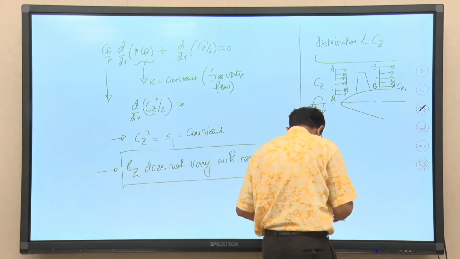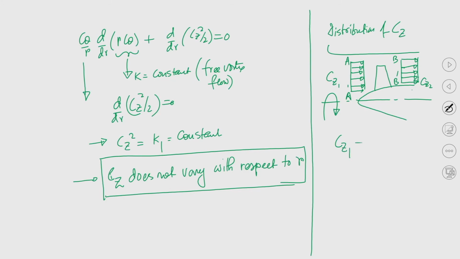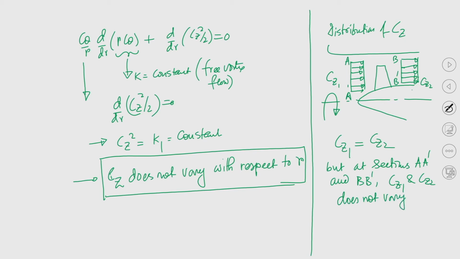Now, C z 1 is not equal to C z 2, right, but at sections A prime and B prime, C z 1 and C z 2 do not vary with radius.